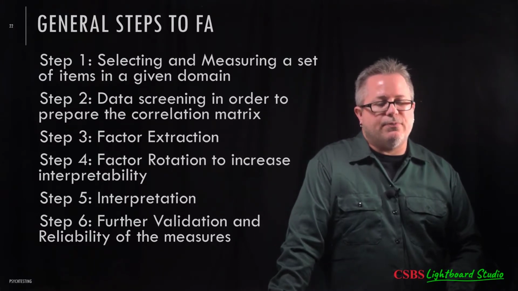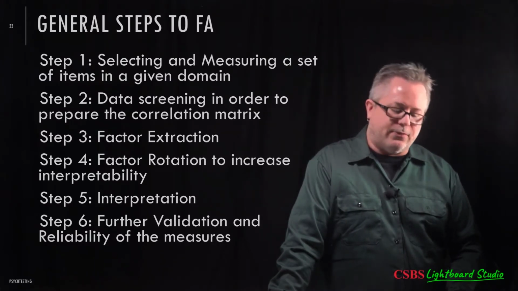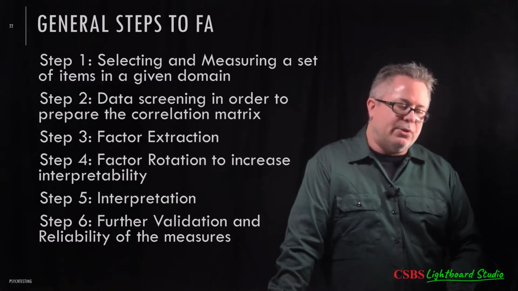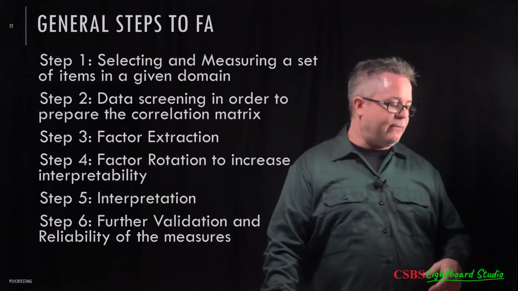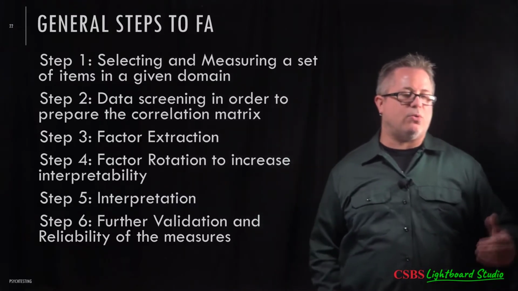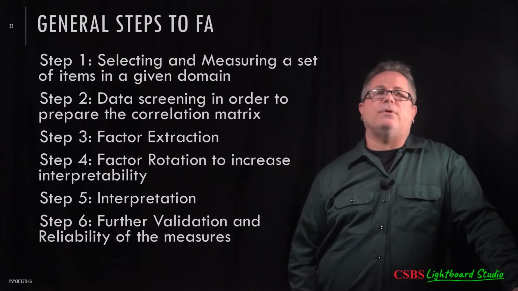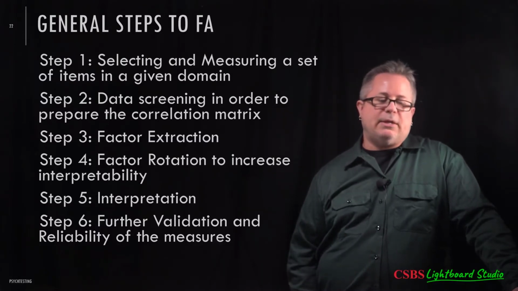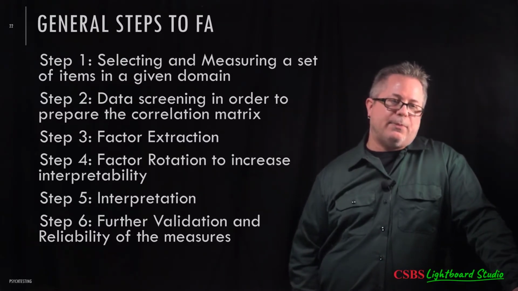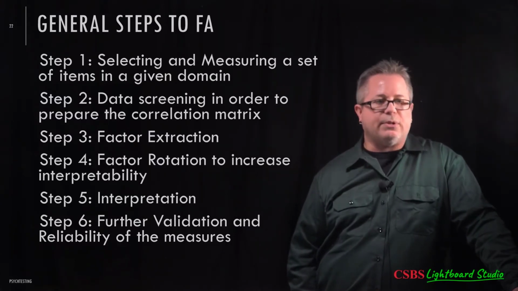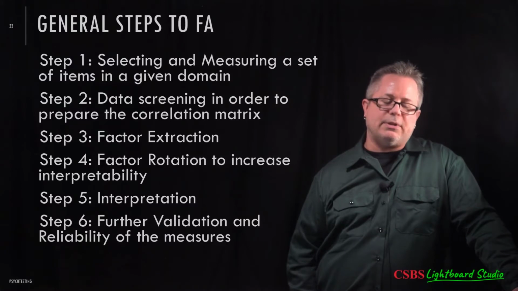And once you've identified the factors and figured this stuff out, it's now time for further validation. Do the factors that you've identified during this process correlate with other measures of the same thing? So looking at content-related evidence for validity, or if you're doing a depression inventory, do the scales relate to a clinical interview, to do criterion-related validity?